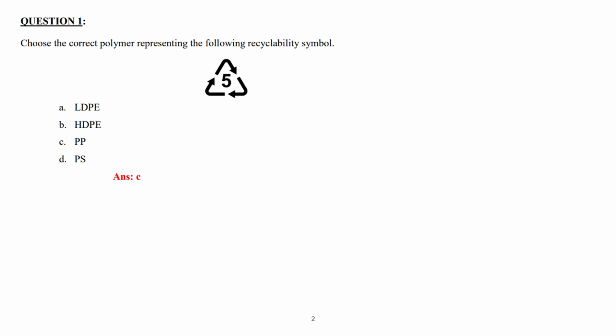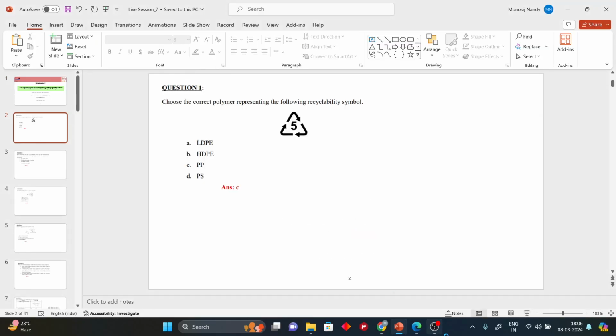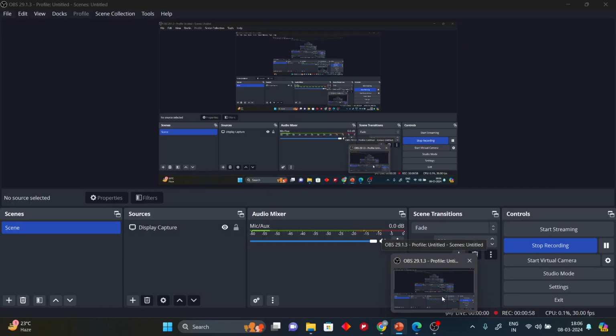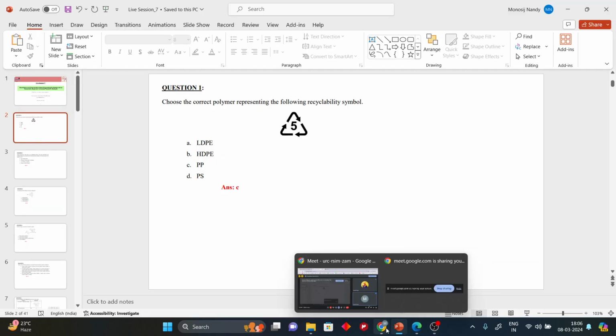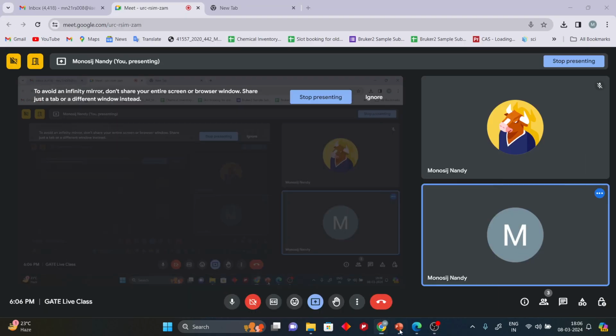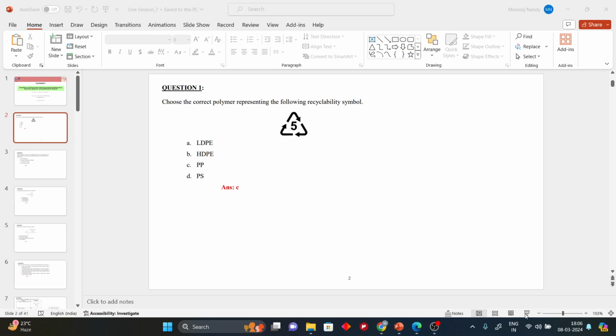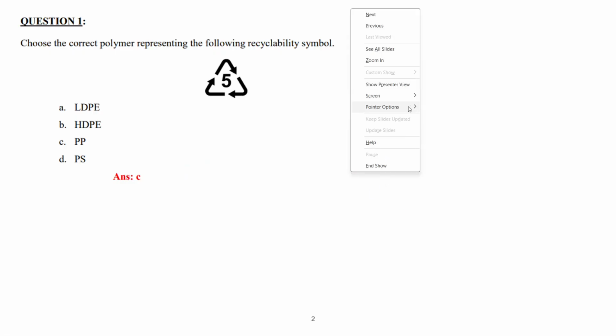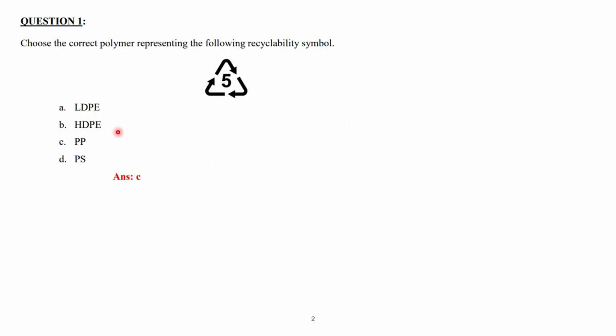The first question we have is this particular symbol.